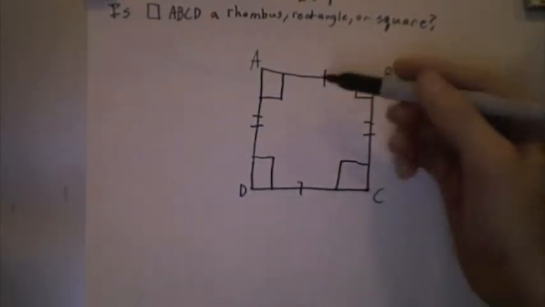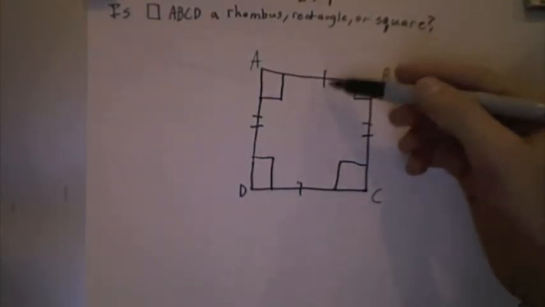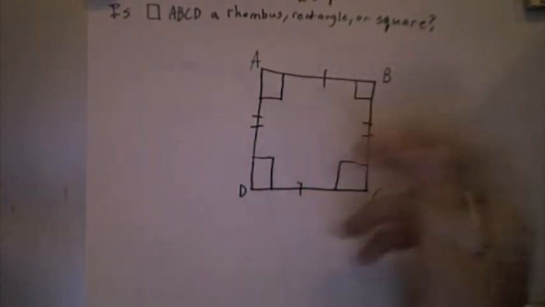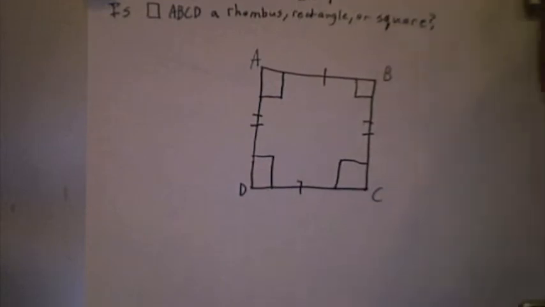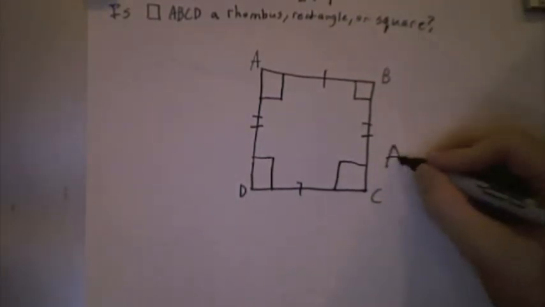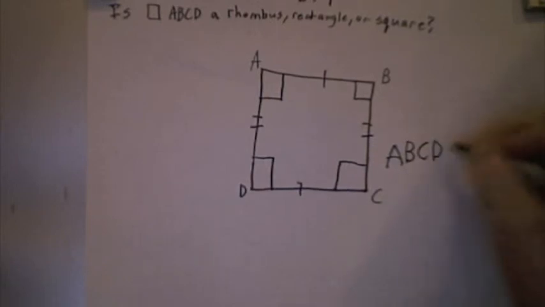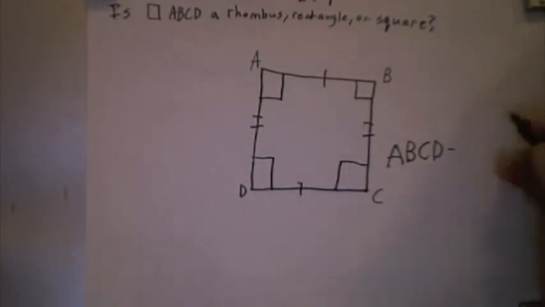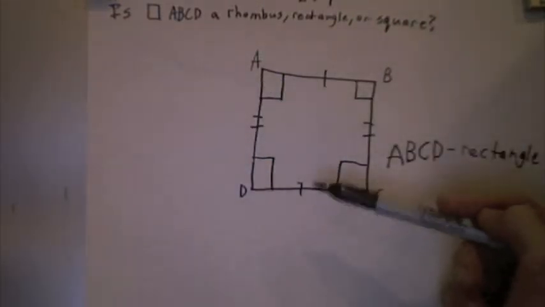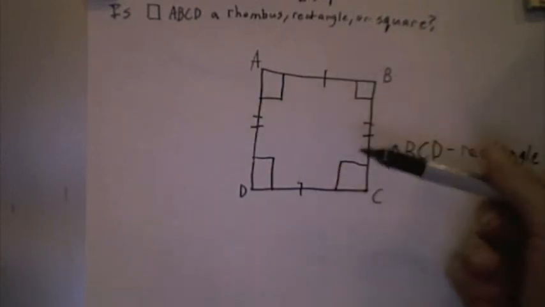But a square is also a rhombus, so all sets of sides must be equal, and these are not, which makes ABCD a rectangle, because it has 4 angles that are equal to 90 degrees, and opposite sides are equal.